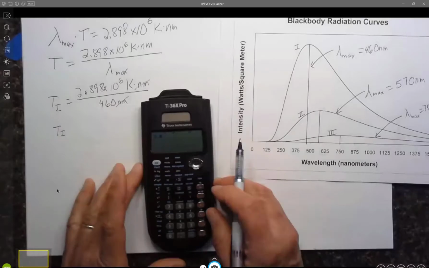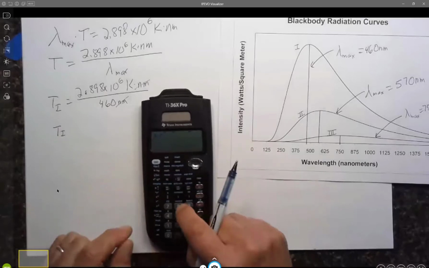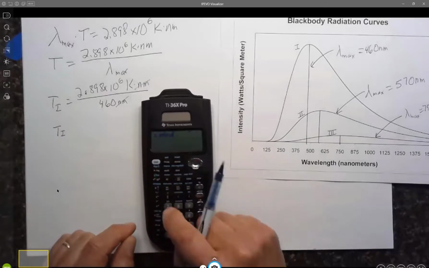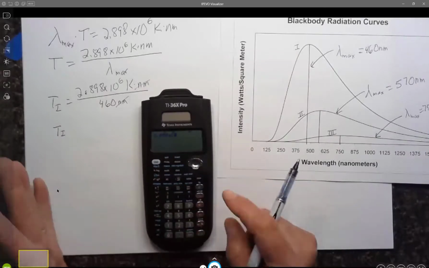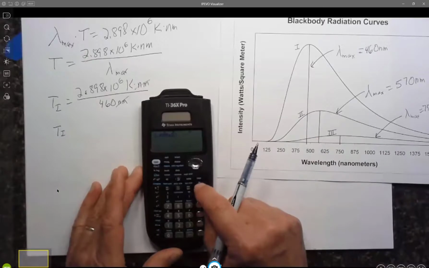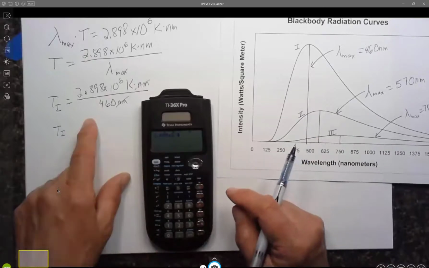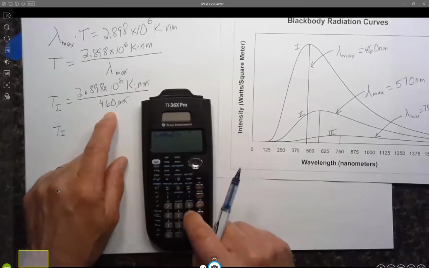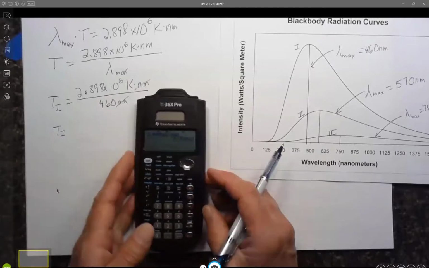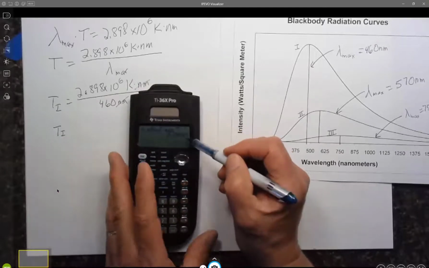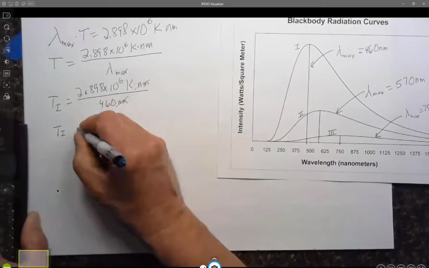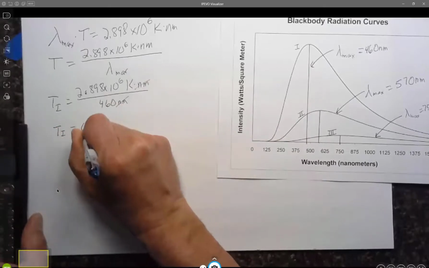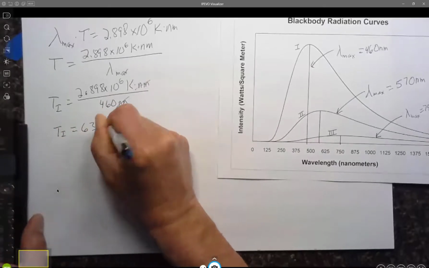It's just that button without anything. So 898 EE6, and the numbers input, now I just have to hit divided by 460. And I get a temperature of 6,300, which is close enough, Kelvin.